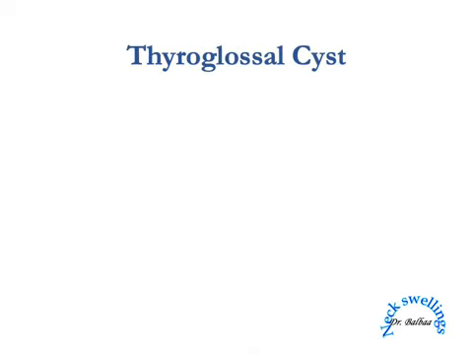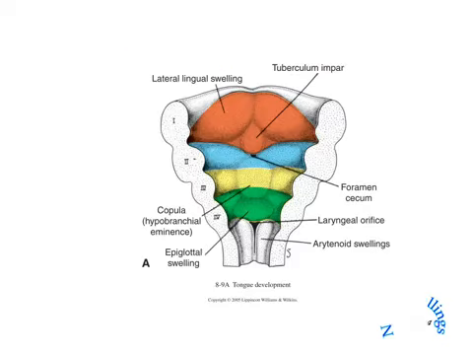One other very important differential diagnosis of the midline neck swellings is the thyroglossal cyst. Here are the pharyngeal arches again, or branchial arches again. Here within the endoderm from inside, there will be development of the tongue by two lateral swellings and one medial, which is called tuberculum impar, and this will form the anterior 2/3 of the tongue.